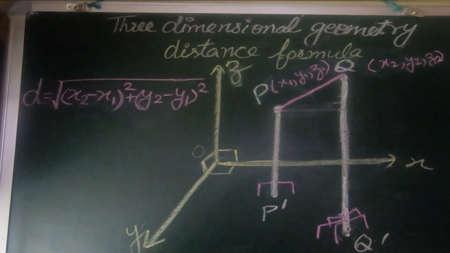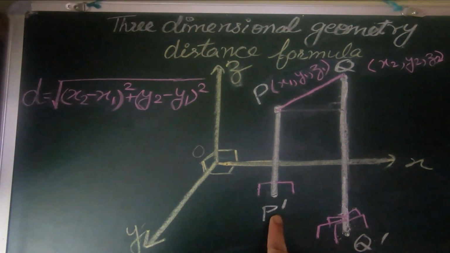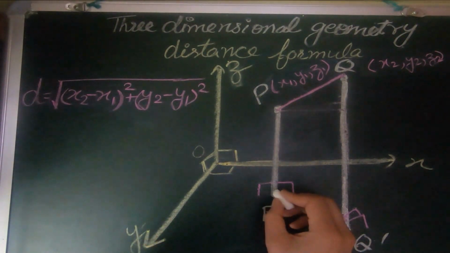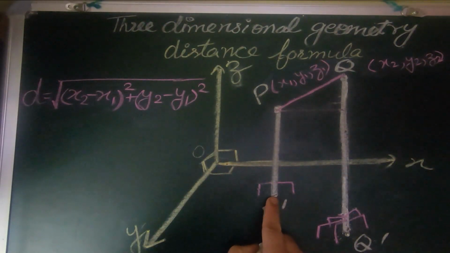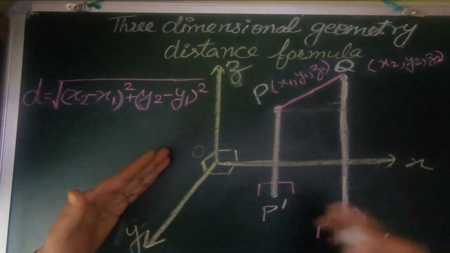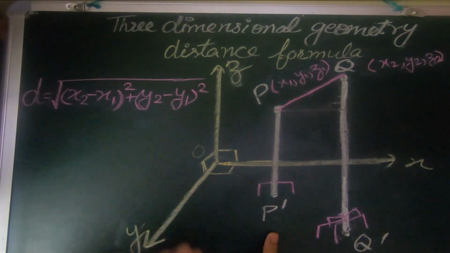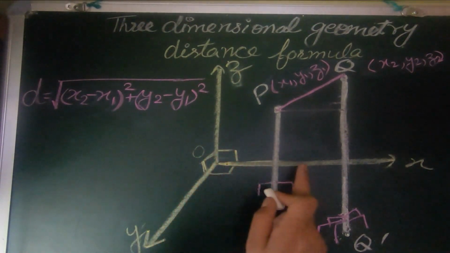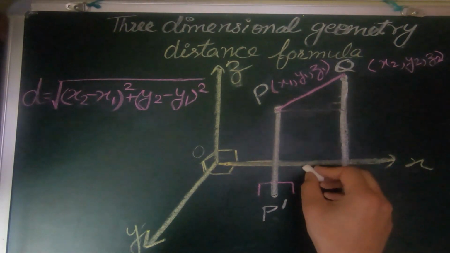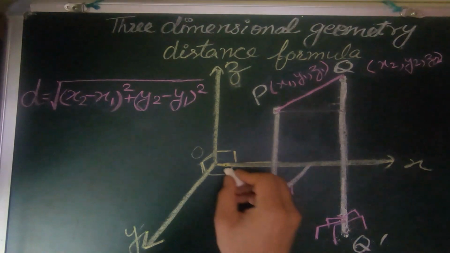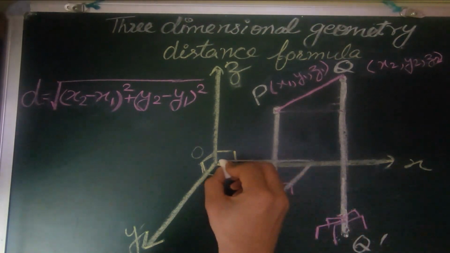What are the coordinates of these points? See, this is the XY plane, so we can easily find its coordinates. To reach here, we travel some distance along the x-axis, then along the y-axis.